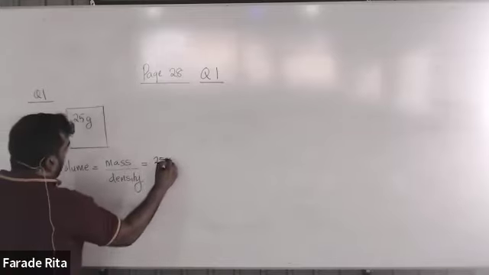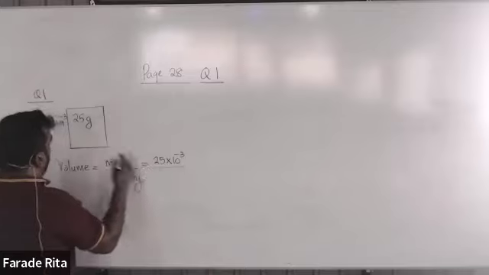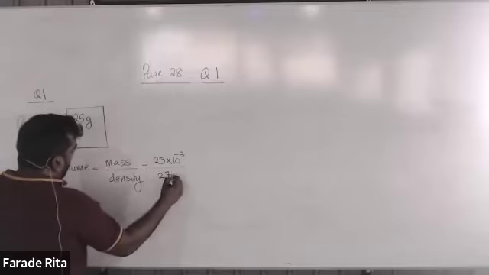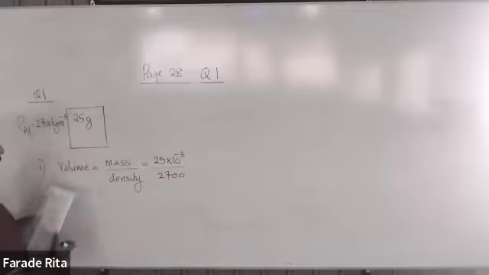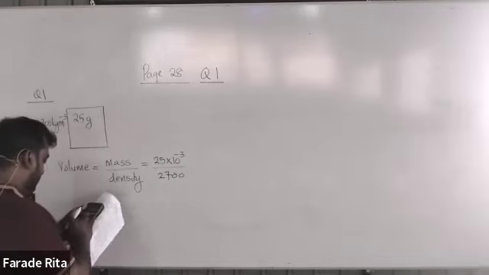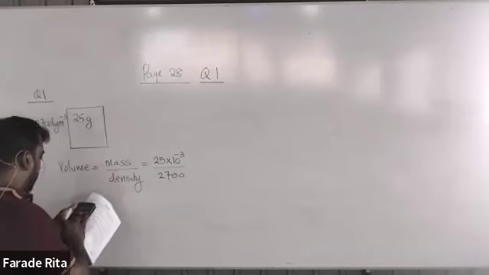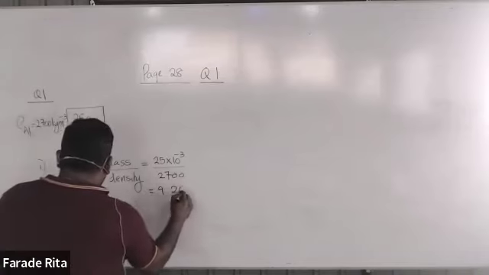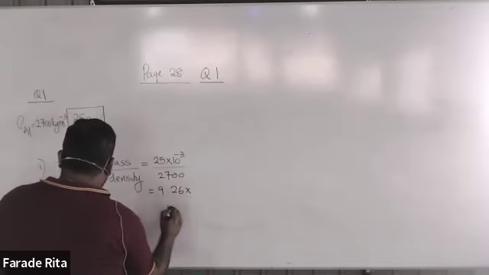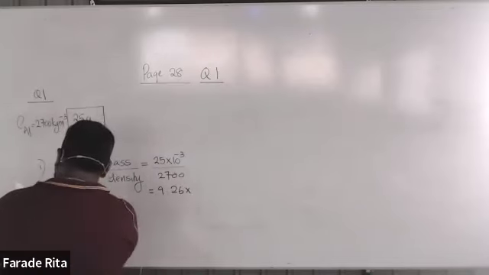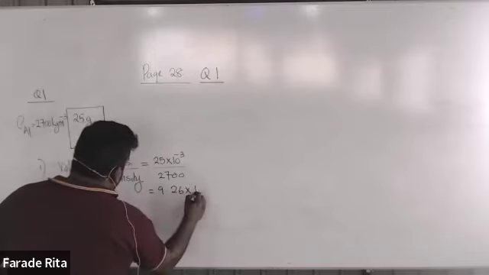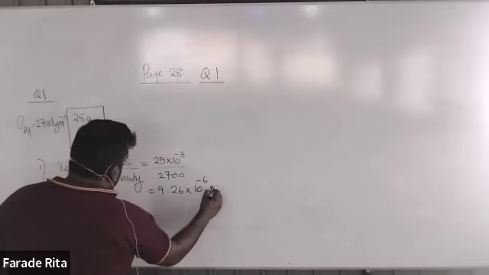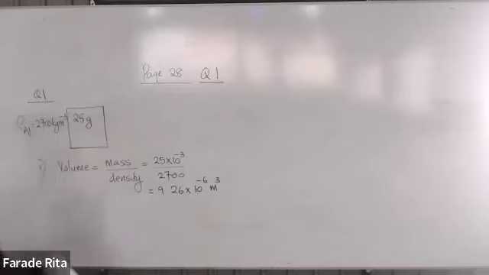Mass is 25 grams, convert to kilograms, divided by 2700. You'll get your answer, 9.26 times 10 to the power minus 6 cubic meter.